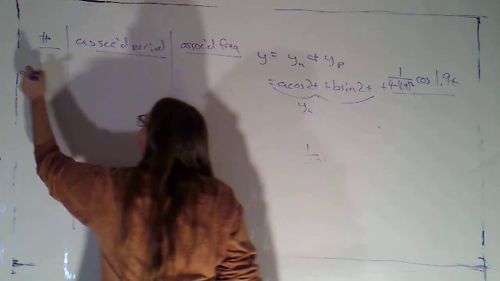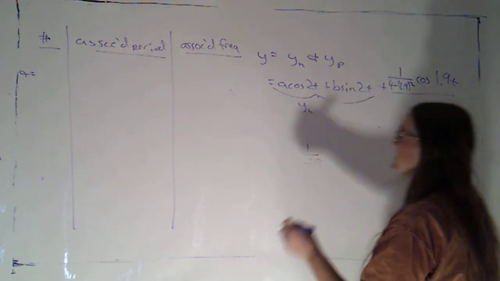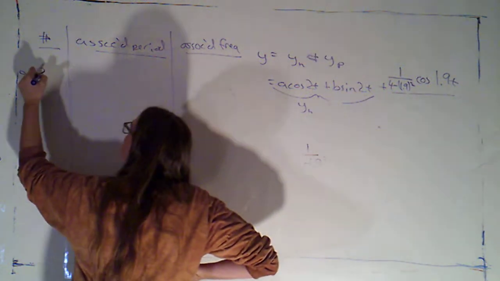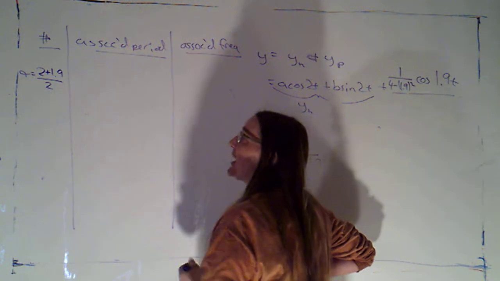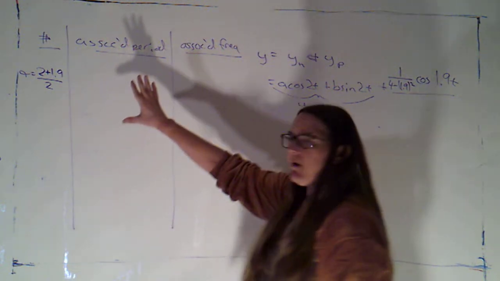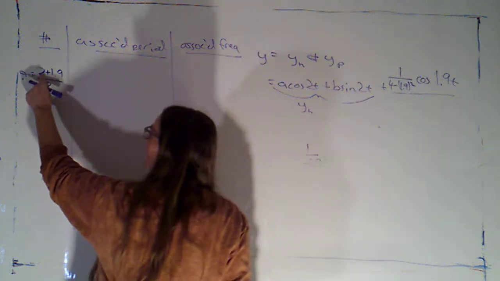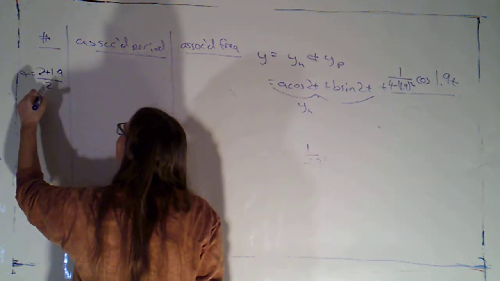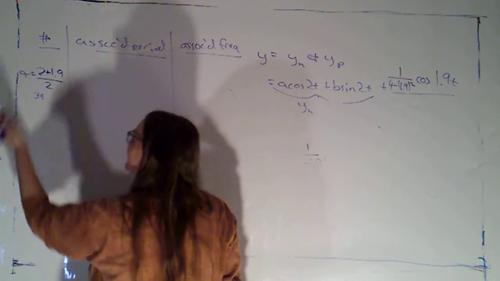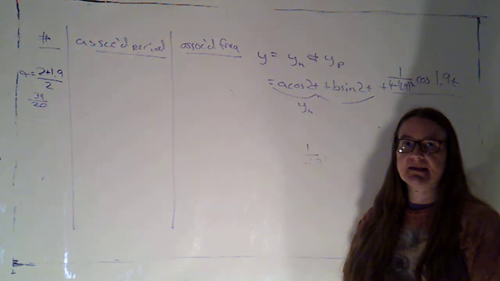And alpha is just the average of these two numbers. So that would be 2 plus 1.9 all divided by 2. Now I'm just going to get this to be a slightly nicer number. That's 20 tenths plus 19 tenths. So that's 39 tenths divided by 2, which is 39 twentieths.